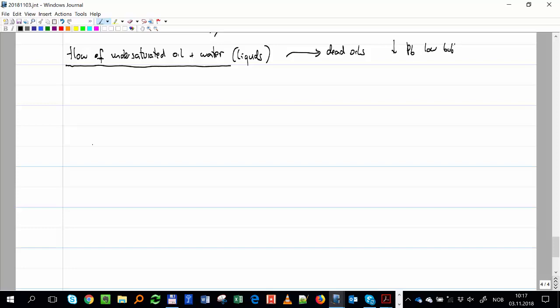That means that the gas started to come out of solution at a very low pressure. So you could use this equation for liquid for almost the whole system. You can use it for when you have a mixture of dead oil and water, okay?